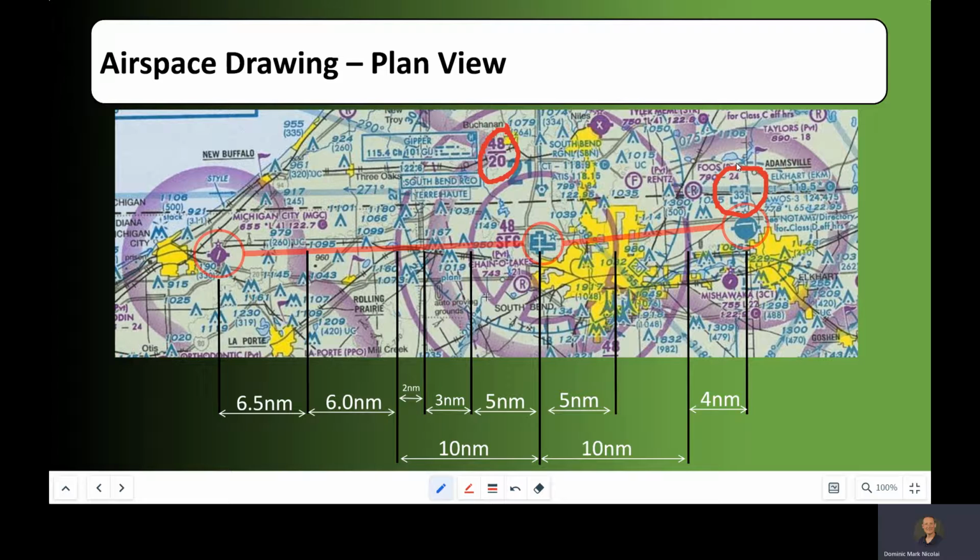Zoom in just a little bit for you. See the tick marks just a little bit better. Now I can do a little bit of connect the dots. I'll do a dashed blue line, because that's what deltas are. That's my Elkhart class Delta airspace.